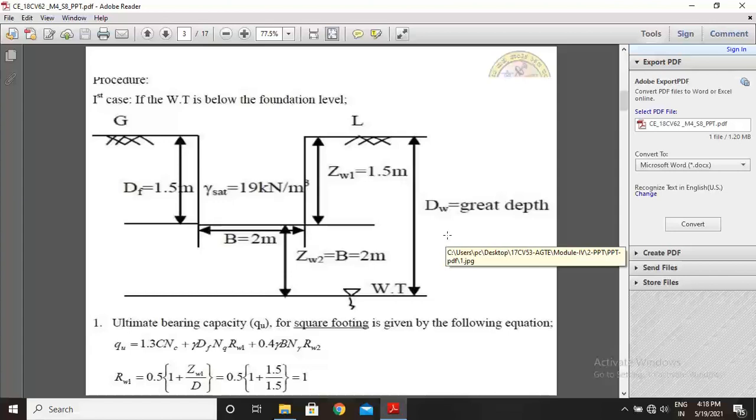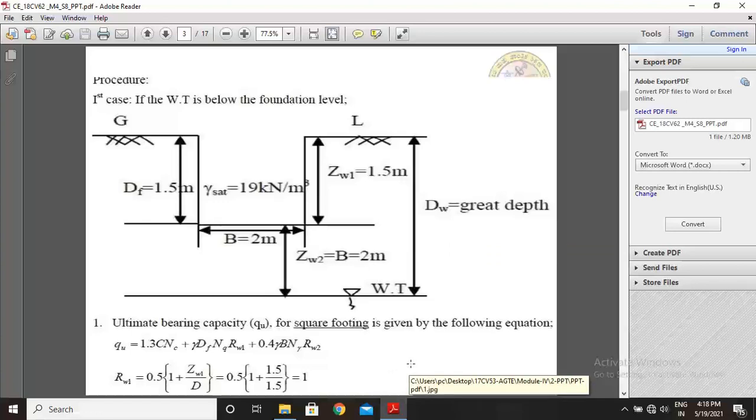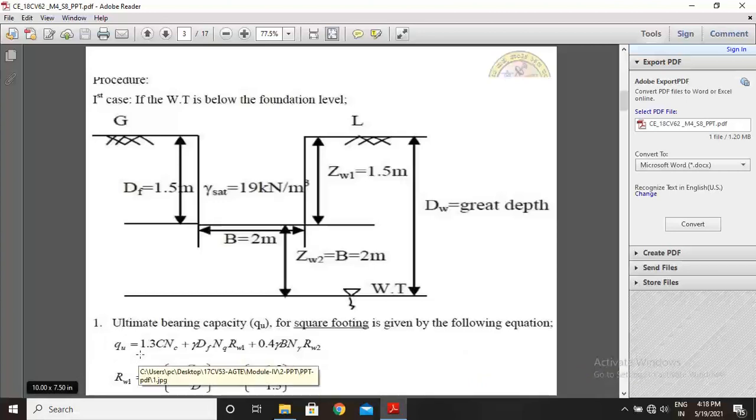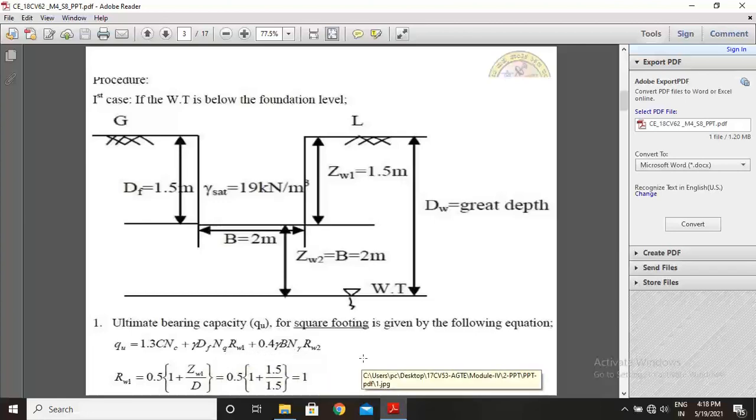So according to this diagram, now you calculate ultimate bearing capacity QU for square footing, given by the following equation, that is QU is equal to 1.3 times C NC plus gamma DF NQ into RW1 plus 0.4 times gamma B N gamma into RW2.